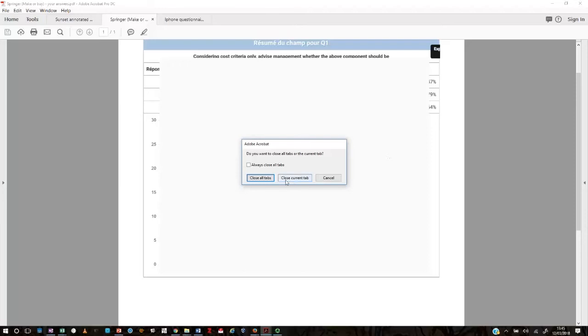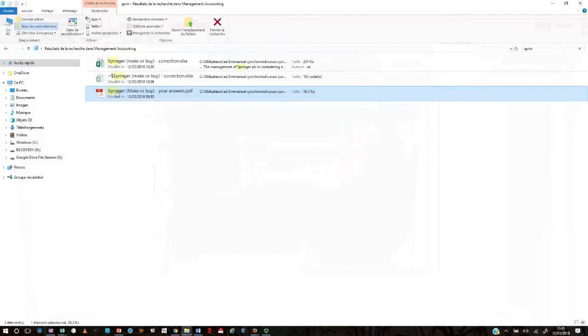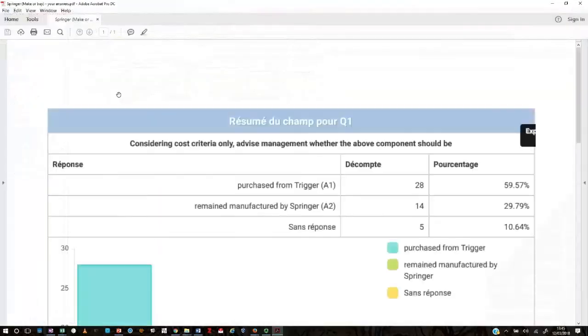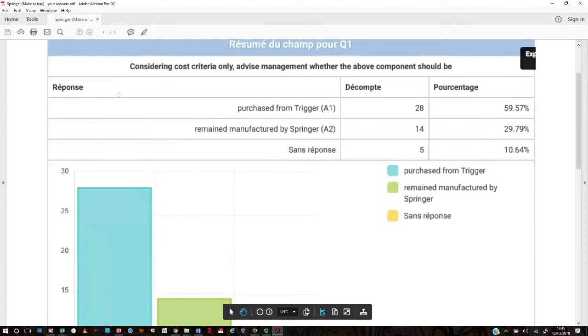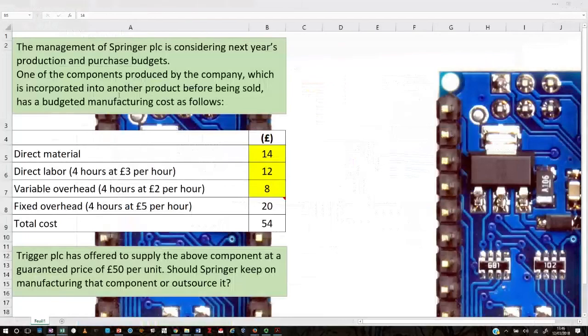Those who answered, the majority said that we should buy the component rather than make it internally. Let's look at the numbers again. So most of you said you should buy it. I suppose you said that because it's cheaper, 50 than 54.